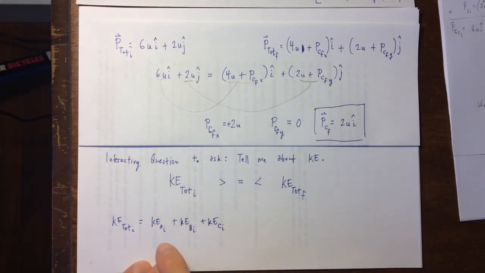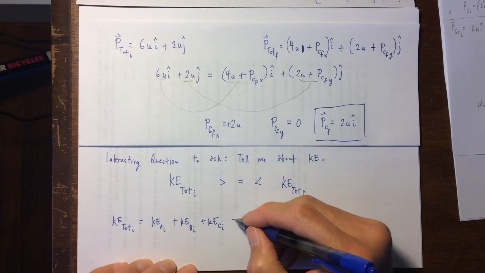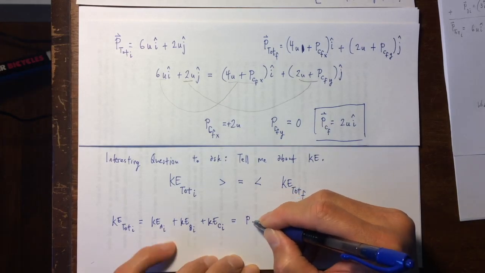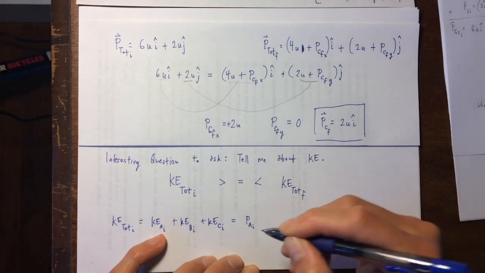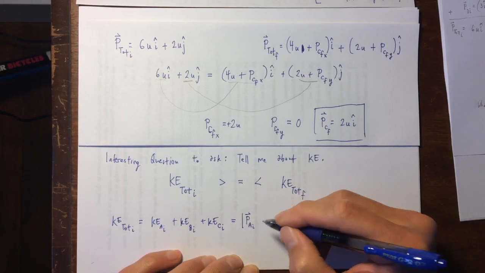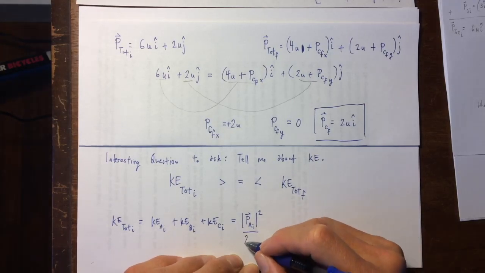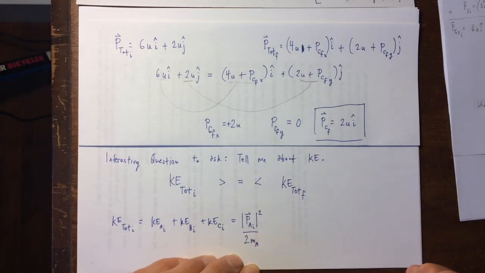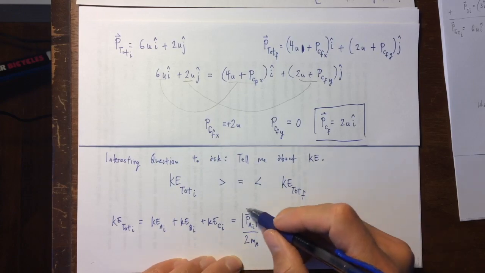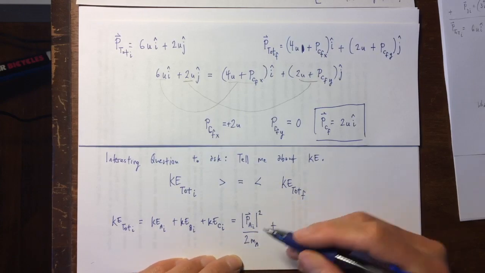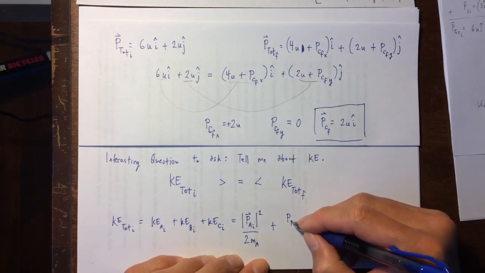And the way I'm going to calculate each of those kinetic energies is I use the momentum of A initial. It's a vector, but I'll take its magnitude and square it, divide by twice the mass of A, because this is the kinetic energy of object A. It's 1/2 mv squared, plus the same thing for B.